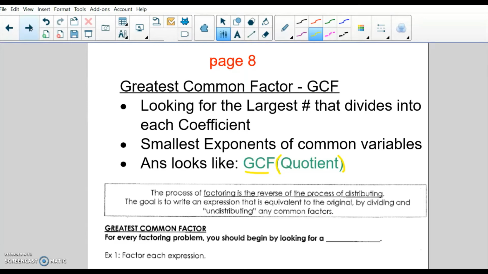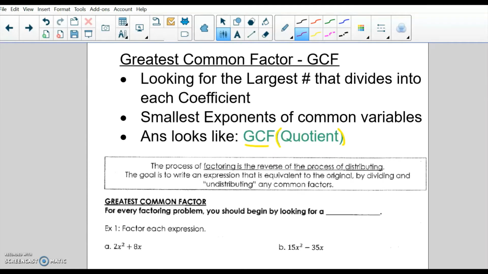The goal is to write the expression that is equivalent to the original by dividing and undistributing any common factor. So every single problem, not just GCF problems, but every single problem we ever factor should begin by looking for a greatest common factor, a GCF.